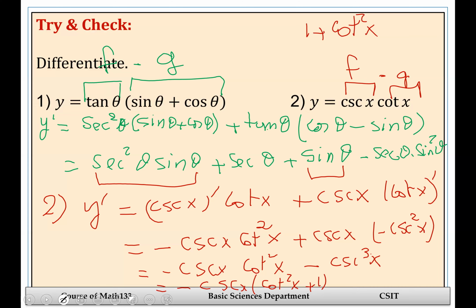So when you replace this definition, it will give 1 plus cosine square over sine square. Take the common denominator, and then you will have cosecant square x. So since this between parentheses cotan square plus 1 is equal to cosecant square, in final it's minus cosecant cubed x.